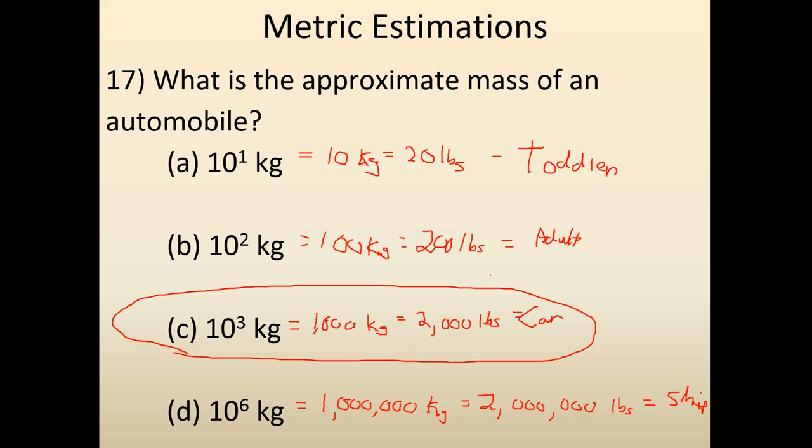And you notice the lowest one below it is 200 and the highest is 2 million. So there's no way you're going to have a car this size, and there's no way you're going to have a car this size. So they make it a little bit easier, where it's not slightly bigger, it's going to be dramatically bigger or smaller.